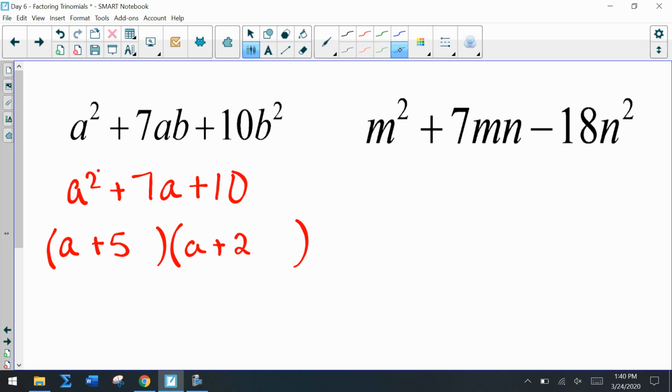But now, what about if there was a b there? How would we get 10b squared if we multiplied our last terms? There would have to be a b in each of those parts.